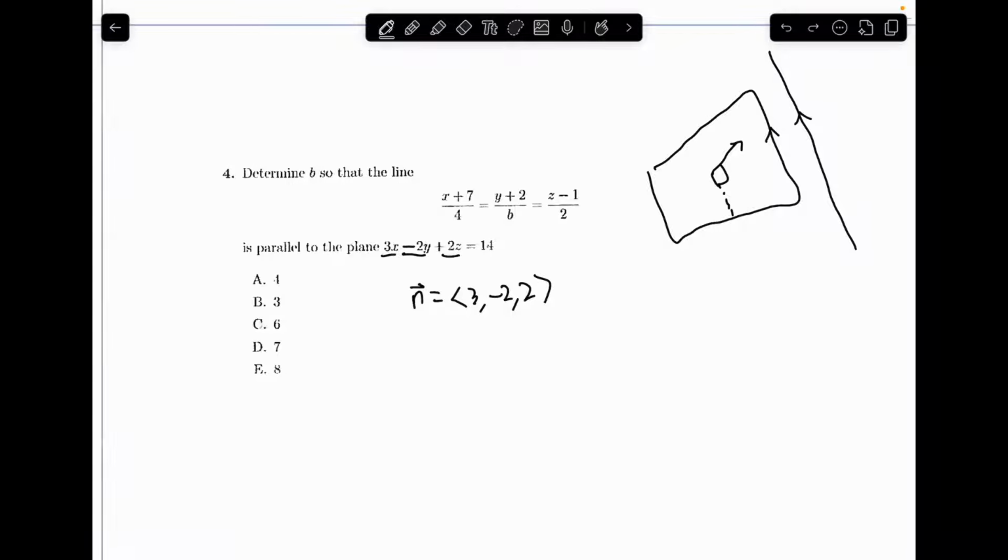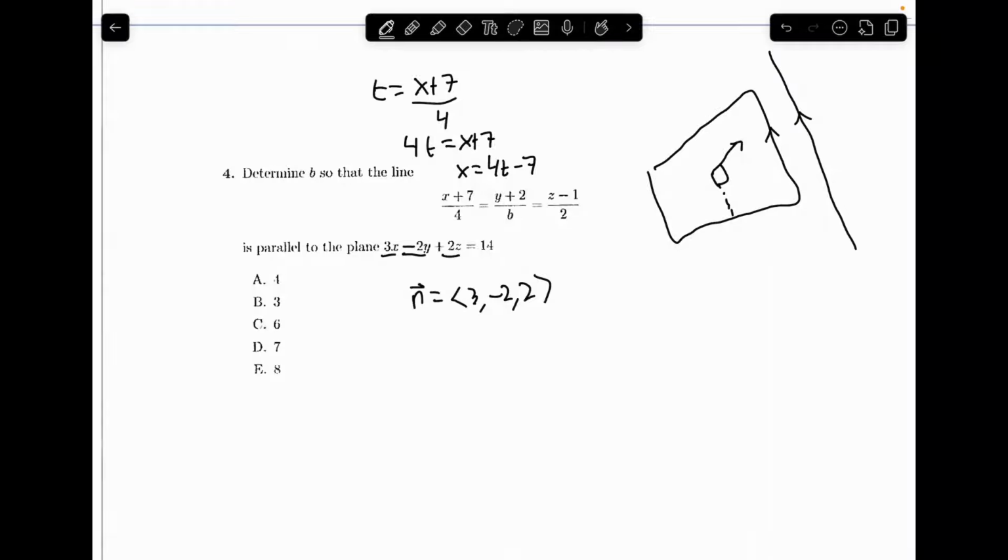if you don't see it already, these are, I think it's called, symmetric equations. What they did is they kind of set t equals t, where if you derive these equations, we're going to get something like t equals x plus 7 over 4. So we get 4t equals x plus 7, or x equals 4t minus 7.